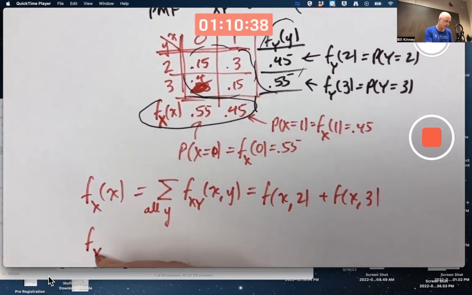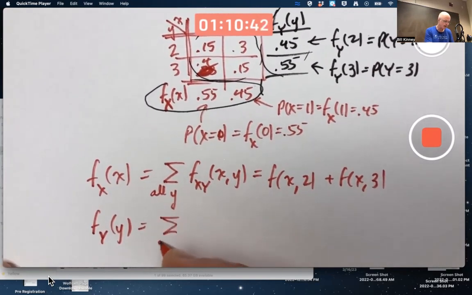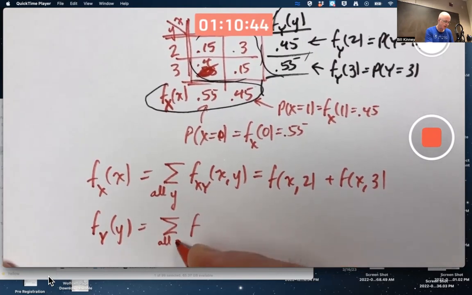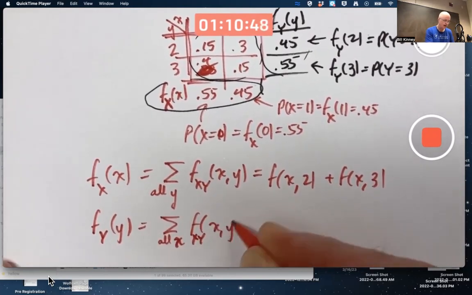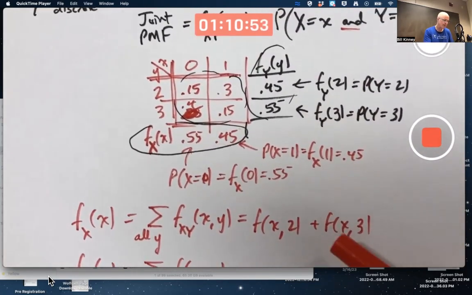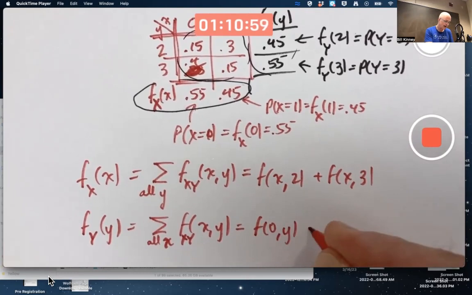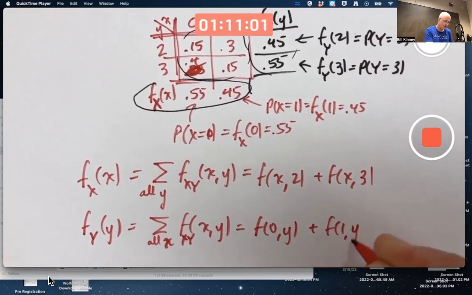The marginal distribution for y is a similar kind of sum, except you sum over all x. And since, again, for this example, f only takes on values 0 and 1 with positive probability, this is going to be f of 0 comma y plus f of 1 comma y.